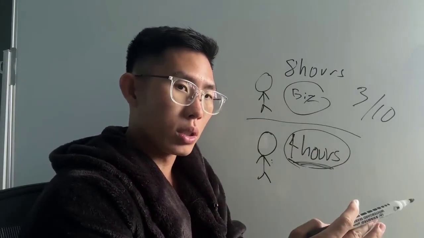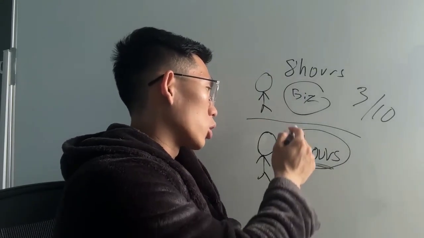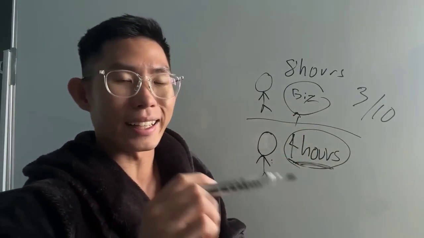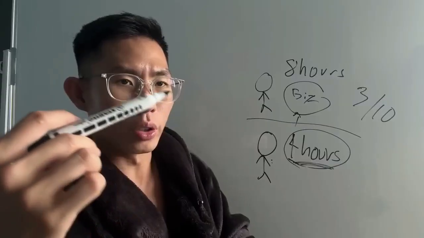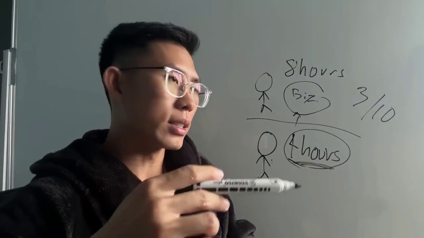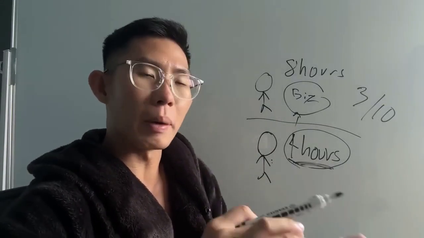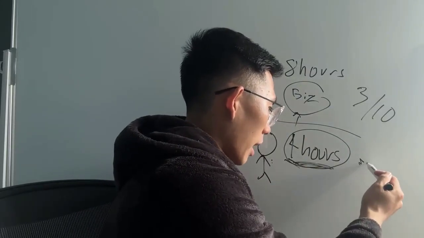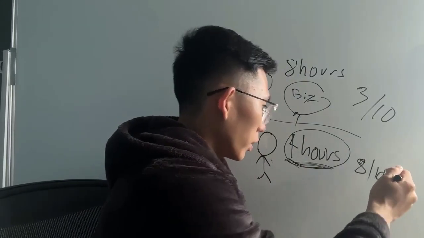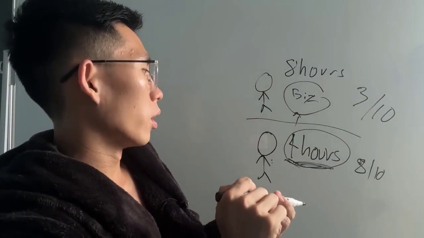That means during these 4 hours, he's solely focused on working on the business and nothing else. He's not thinking about what girl he should message on Instagram or what his Tinder match messaged him. He's not thinking about any of that. He's fully focused on the business. So he has an 8 out of 10 focus.